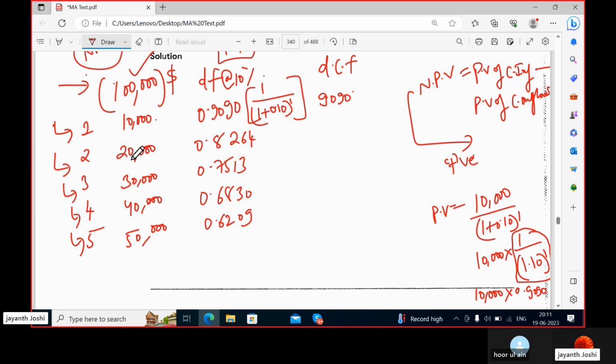Similarly, we are going to find out the present values of all these cash flows in different years and see whether we are getting positive NPV or not. 16,528. 22,530. 40,000 into 0.6830: 27,320. 50,000 into 0.6209: 31,045.